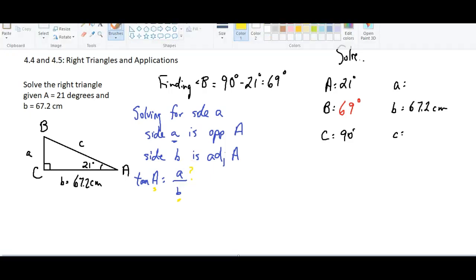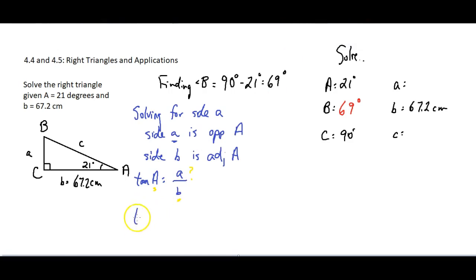All right, let's work on that. So, tan 21 equals A over 67.2. Solving for A, since A is divided by 67.2, multiply on both sides by 67.2, which gives me that A equals 67.2 tan 21 degrees.